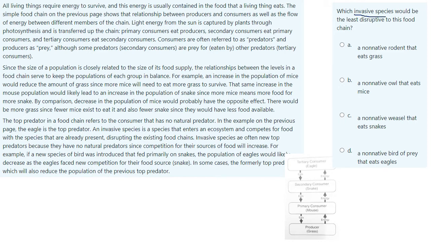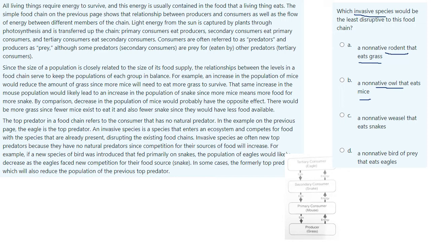Which invasive species would be the least disruptive to this food chain? So a non-native rodent that eats the grass, that would go in at a low level. A non-native owl that eats the mice, that would mean there would be less food available for the snakes, so there would be fewer snakes alive.